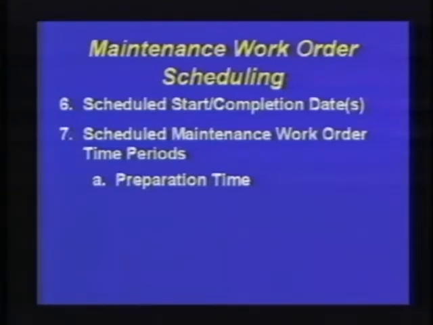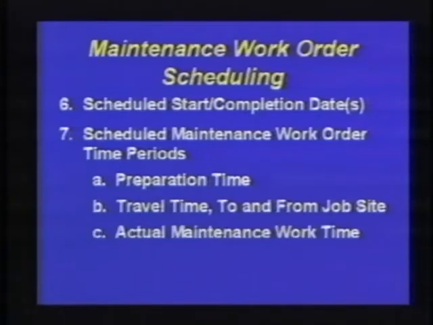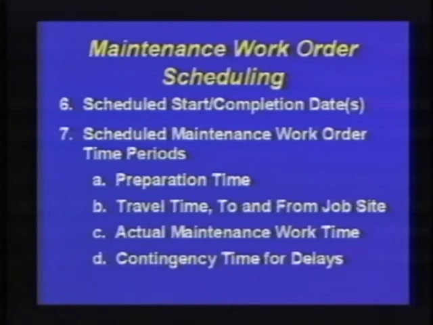Either have it in the work order staging area or deliver the material to the job site. So here you can see we've tied in now the storeroom activity with the planning and scheduling activity. 7B addresses the travel time to and from the job site, and C is the actual work time, and D is a contingency time for delay.